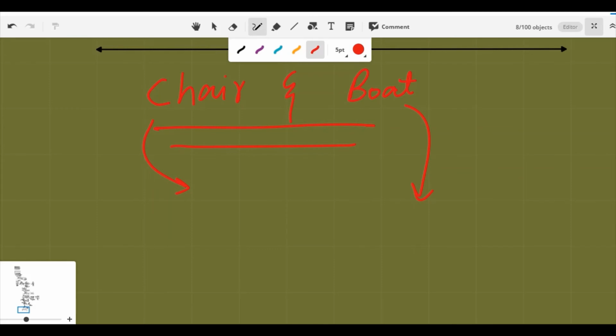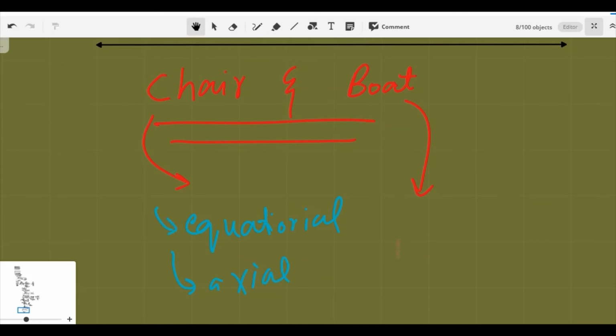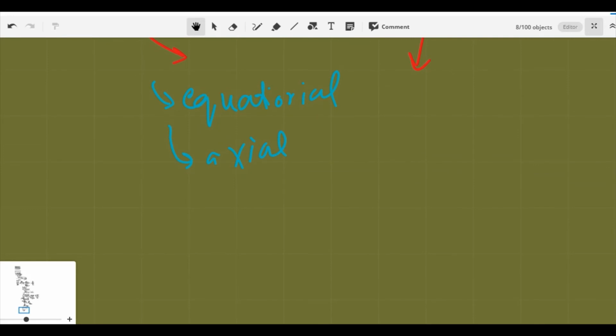Okay, so note that the substituents in these structures can be equatorial or axial. Okay, I will show you. That is parallel to an axis drawn on the ring. So I am going to show you here the chair and boat conformations.